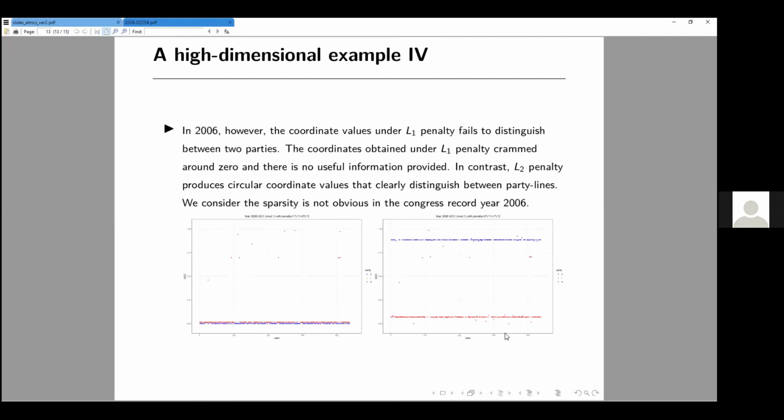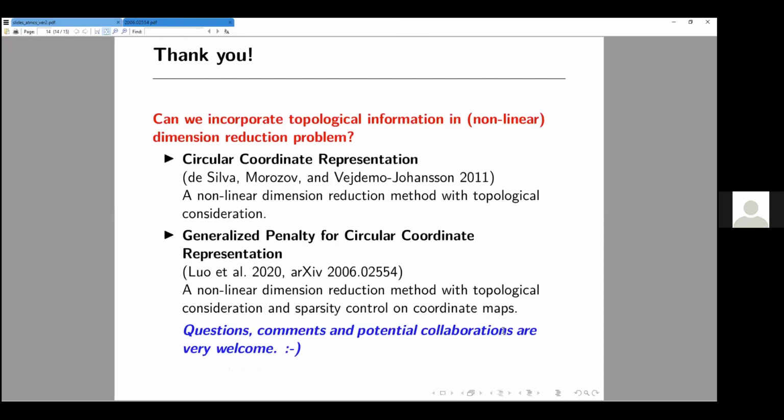As time permits, I'll sum up my talk here today. In the original paper, circular coordinate representation was proposed as a nonlinear dimension reduction method with some topological considerations. In our research now, we're trying to extend the method of circular coordinates to a wider range of data analytic application scenarios.